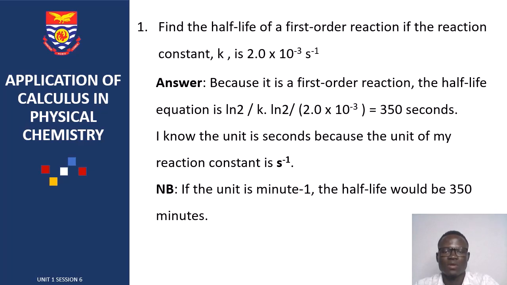So we substitute the 2.0 times 10 to the power minus 3 per second into the equation, natural log of 2 divided by K. Substituting the value of K will result into 350 seconds. Now, if our constant was given to us in minutes, then the answer would have been 350 minutes.